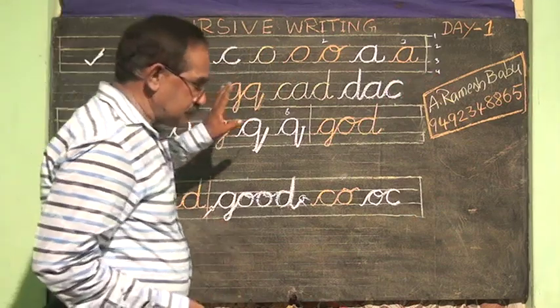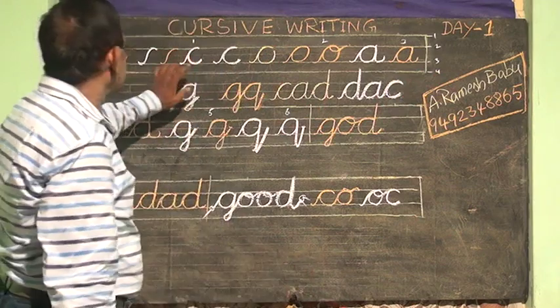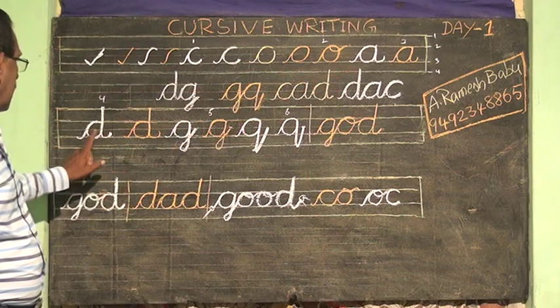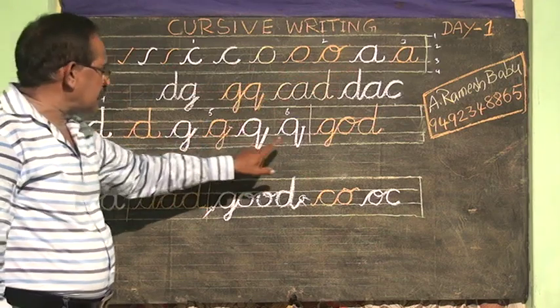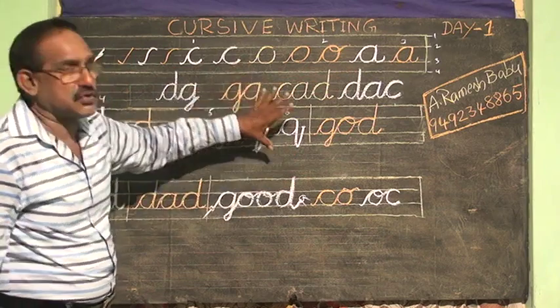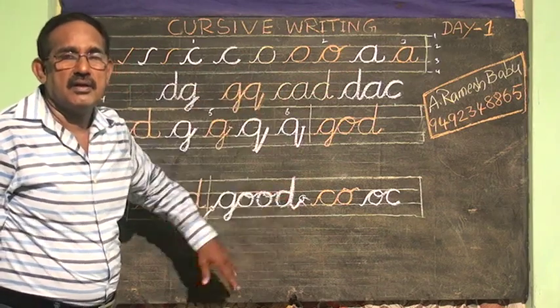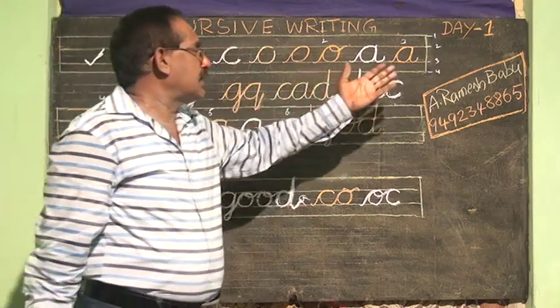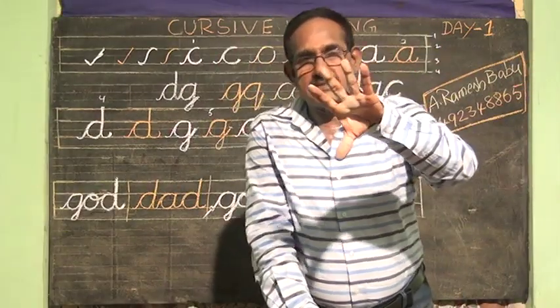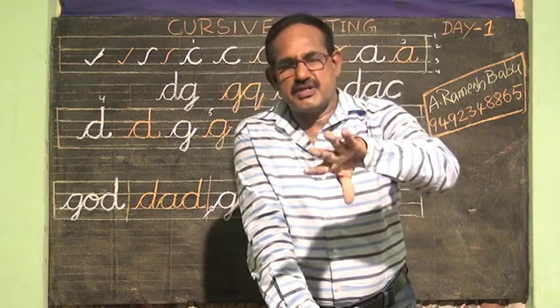In this class, you learn all six letters: C, O, A, D, G, Q. After that, you should learn how I join the letters. And I go to the next class, day 2. Only you allow me 10 days. That means in 10 classes I can finish it.